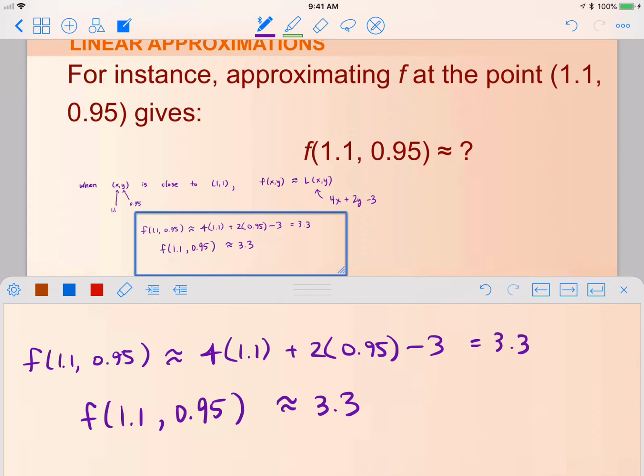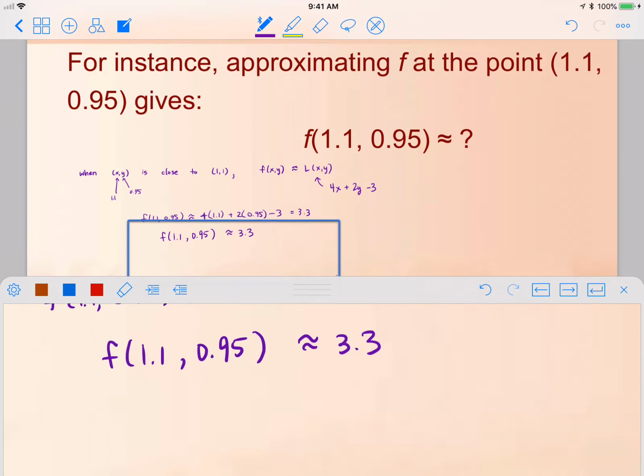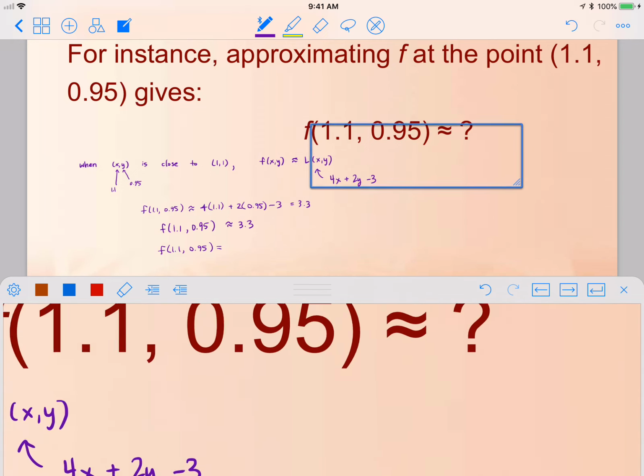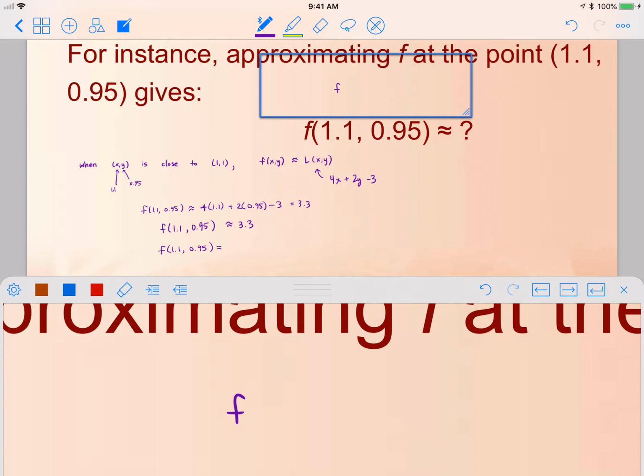Now, that was very easy to compute. Since we do have a formula, what is f(1.1, 0.95) exactly? Our formula for f, remember, was f(x, y) equals 2x squared plus y squared.